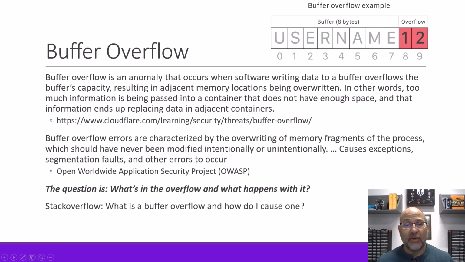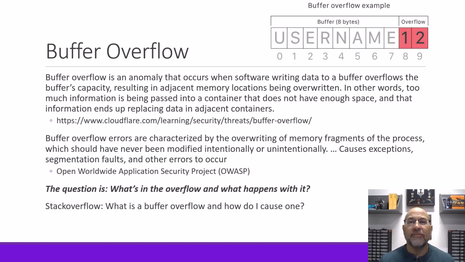And we couldn't have a conversation about buffer thingies without talking about buffer overflow. So we've got a couple of definitions here from Cloudflare and the Open Worldwide Application Security Project. Buffer overflow is an anomaly that occurs when software writing data to a buffer overflows the buffer's capacity.